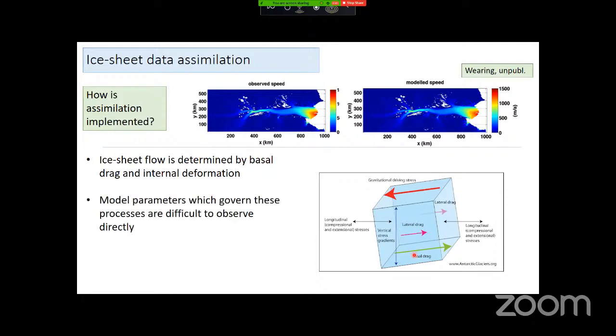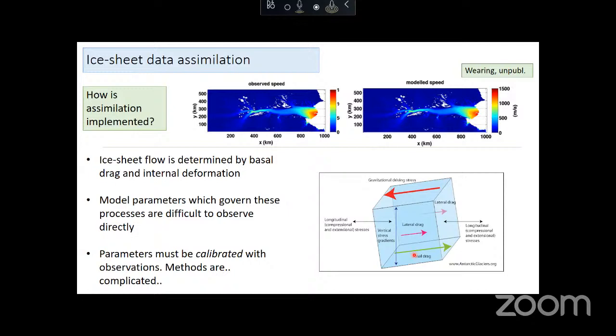And there are parameters, that's what we usually call them, within the model, which govern how these processes operate, but they're difficult to observe directly. And there could be many, many of these parameters because they could vary spatially or spatiotemporally. These parameters need to be calibrated with observations, and the methods are complicated.